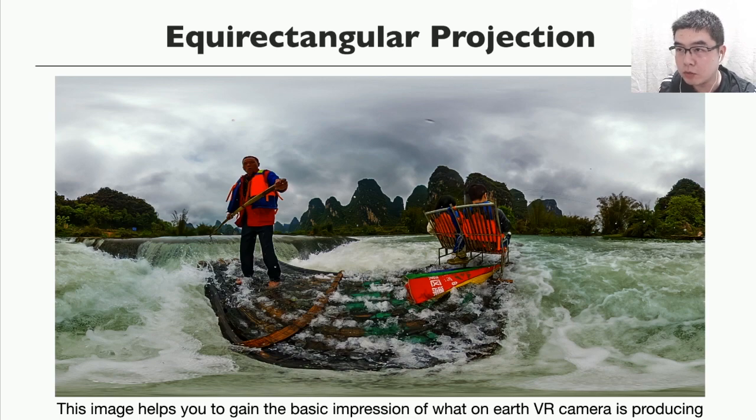But when you get to know the equirectangular projection, you got everything right. And when you watch this on Facebook with immersive experience, that is what the tiny little camera is producing for you, right?